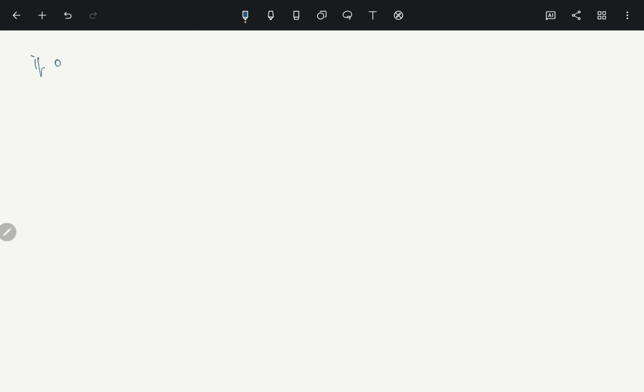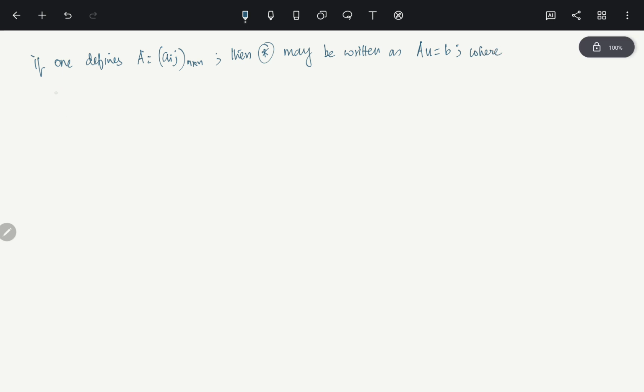So basically, if one defines A to be the matrix A_ij, so this would be an n cross n matrix, then star may be written as A u equals B, where A is an n cross n matrix, which is given, B is an n cross 1 vector, and U is an n cross 1 unknown vector.